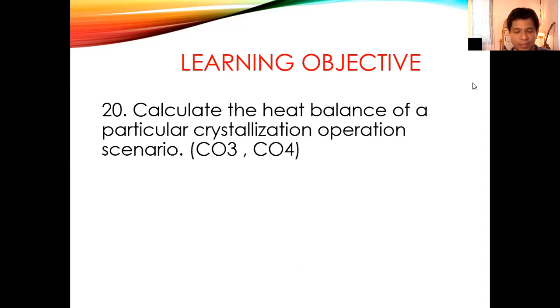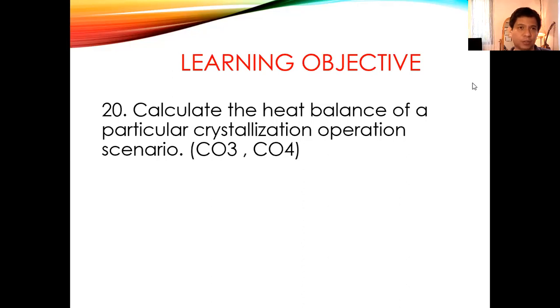So in crystallization, the heat we need is to lower the temperature. We are cooling it, so we cool the feed. That would be F Cp F times the final temperature of the liquid, the operating temperature of the crystallizer.